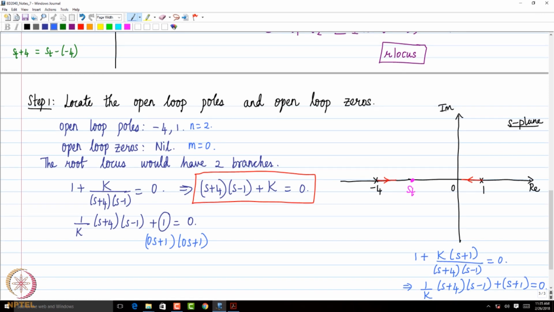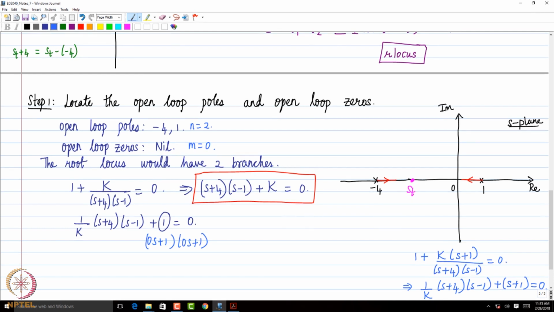We agree that one branch would start from minus 4, from the equation in the red box. Substitute k equals 0. What will you get? One of the closed loop poles as k tends to 0. I won't say substitute k equals 0 because it does not have any meaning as such. As k tends to 0, you will agree that one of the closed loop poles tends to minus 4. So, let us say I look at minus 4, I can have a test point going in any direction, the branch starting off in any direction.